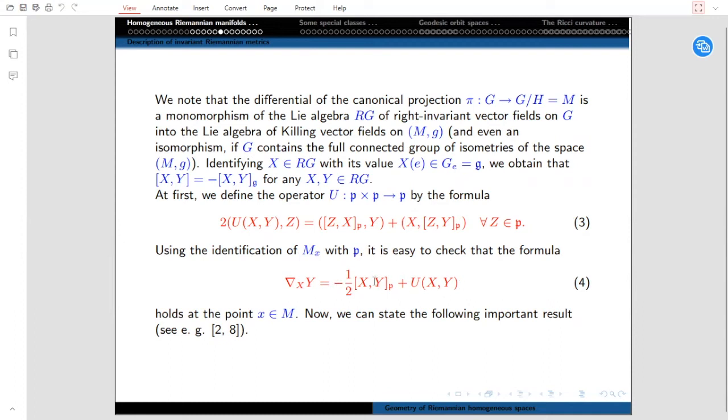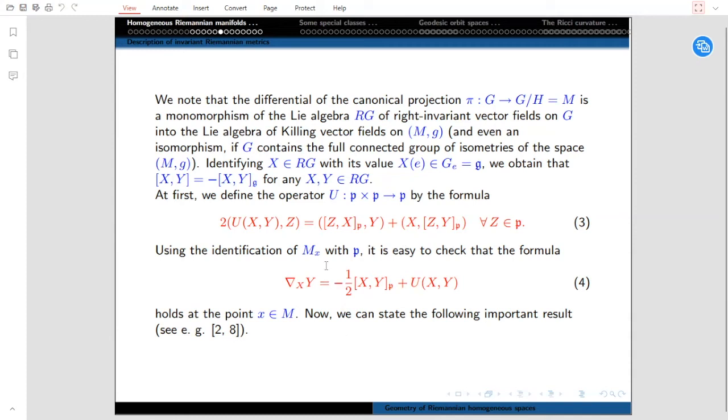This means that the first part is the skew-symmetric part, and this one is the symmetric part of this expression. It's very easy to remember: symmetric and skew-symmetric part.